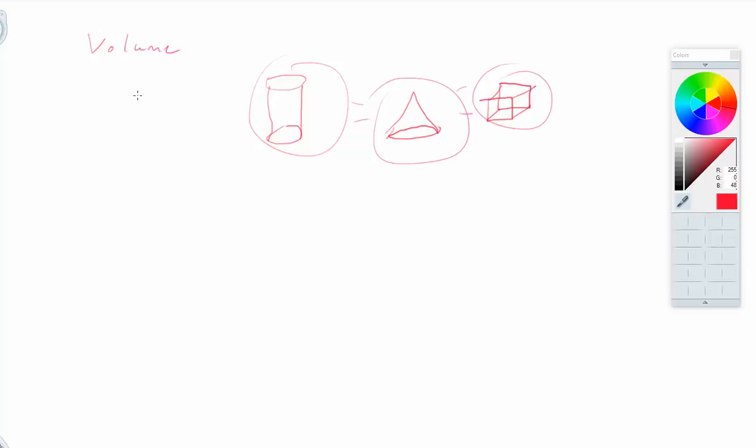So say you have the volume of a cube as 8 inches cubed. So 8 cubic inches, right? And it's for a cube.